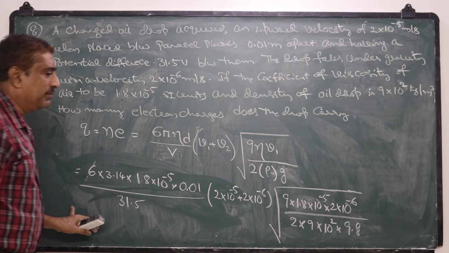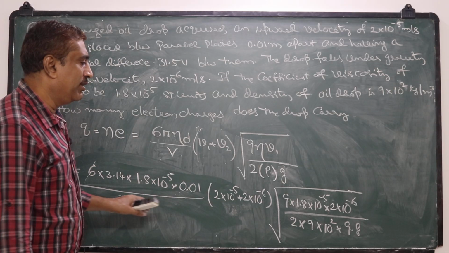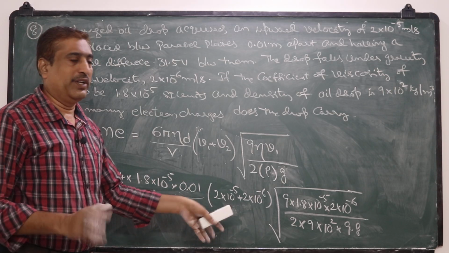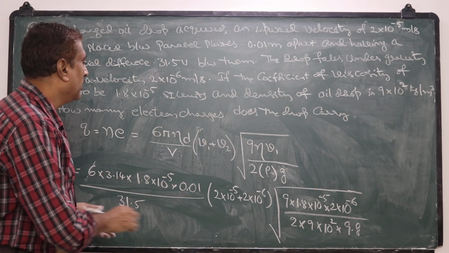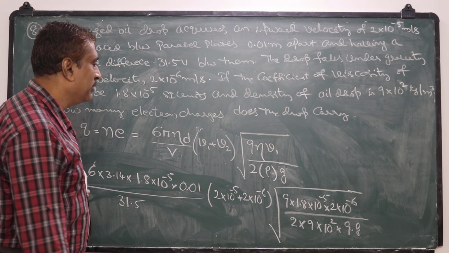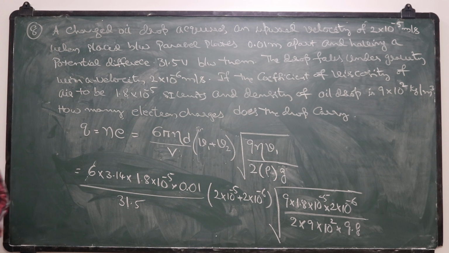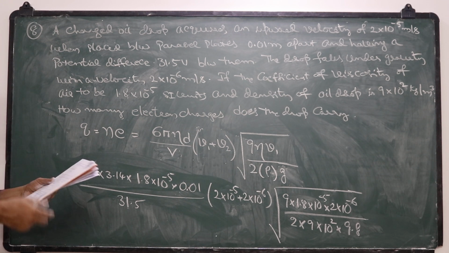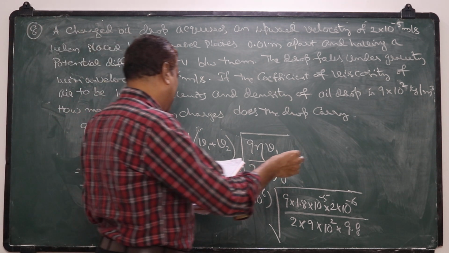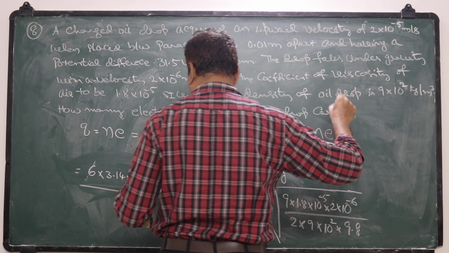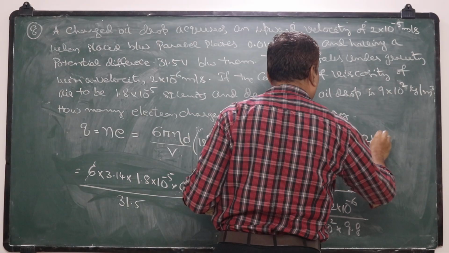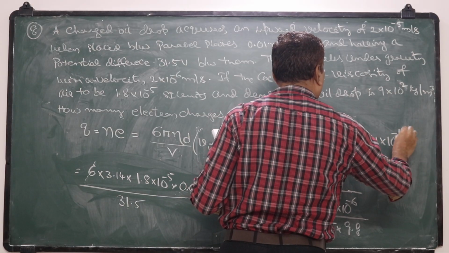So this can be simplified using a calculator only. I have calculated this value as Ne equal to 3.211 into 10 to the power minus 19.